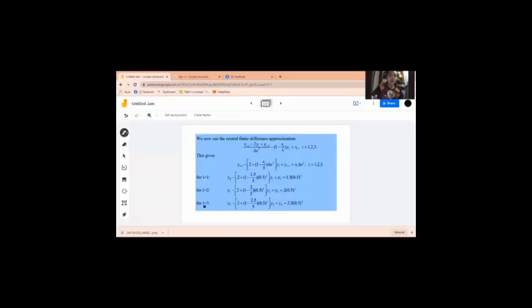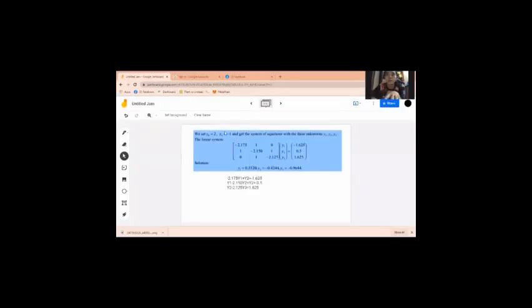And for i equals 3, y sub 2 minus 2 plus (1 minus 2.5 over 5) times 0.5 squared y sub 3 plus y sub 4 equals 2.5 times 0.5 squared. Then we transpose to get the answer.